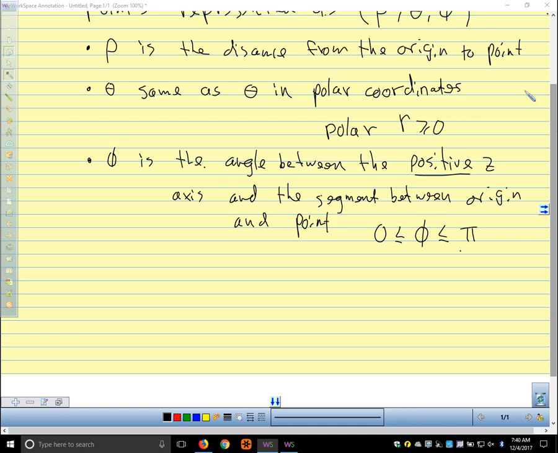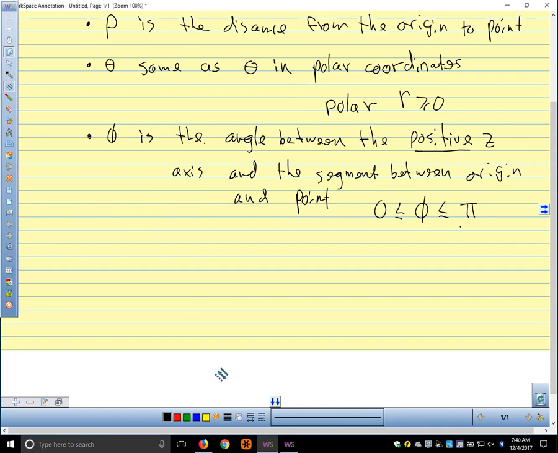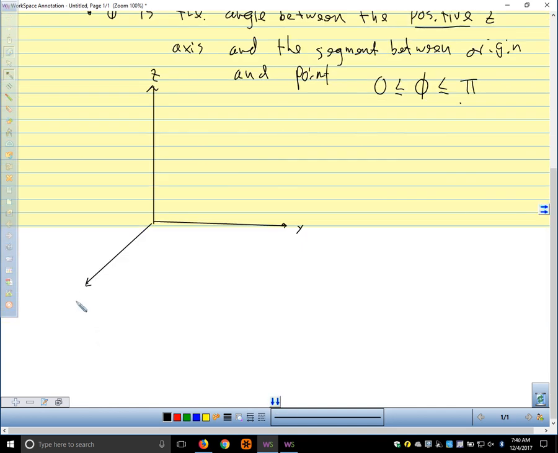So let's draw a picture. So there's our rectangular coordinate system. And here's a point out here in space. This is coordinates rho, theta, phi. And I'm going to draw the segment between the origin and the point. And I'm going to project that down into the xy plane, like so.